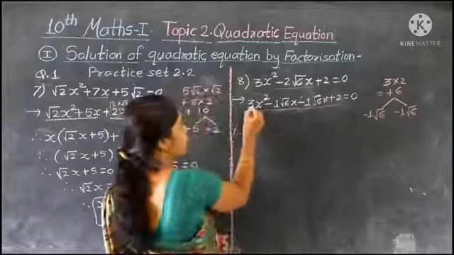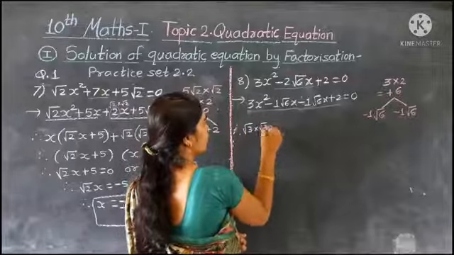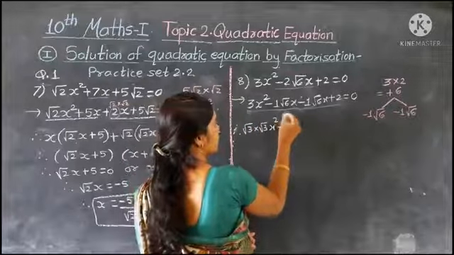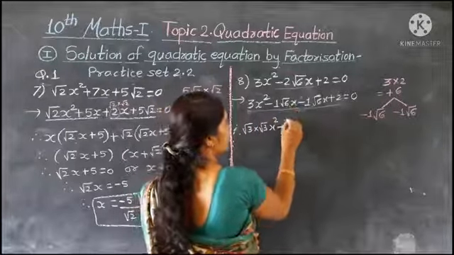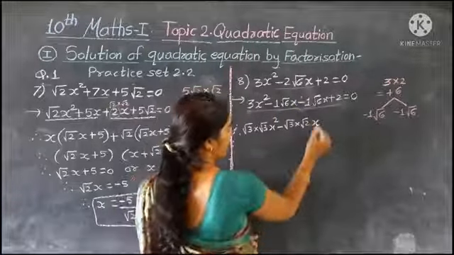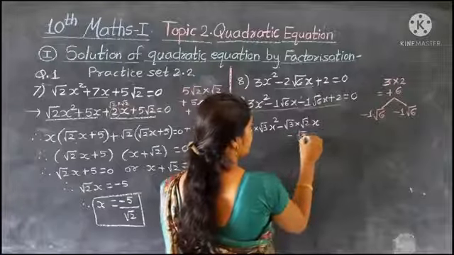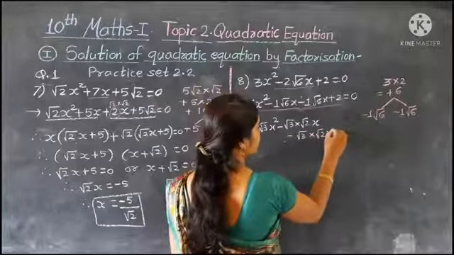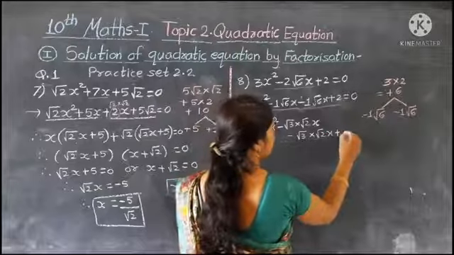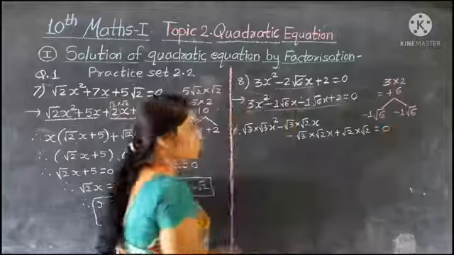I here simplify, you write 3 as root 3 into root 3 x square minus you write root 6 as root 3 into root 2x. Okay, then next here minus you write root 6 as root 3 into root 2x plus you write 2 as root 2 into root 2 is equal to 0.